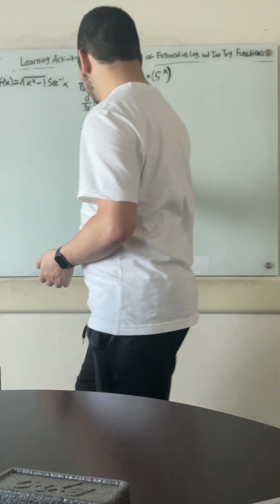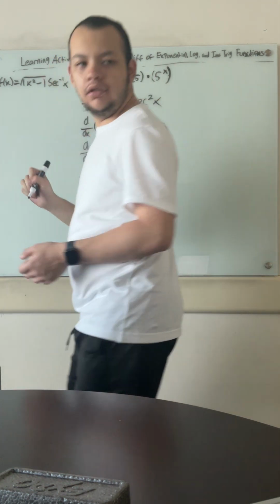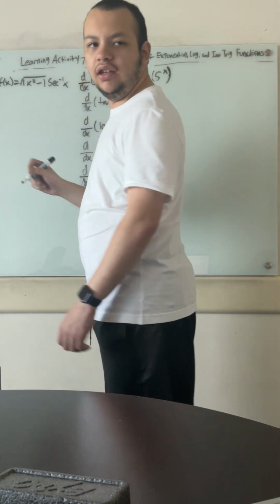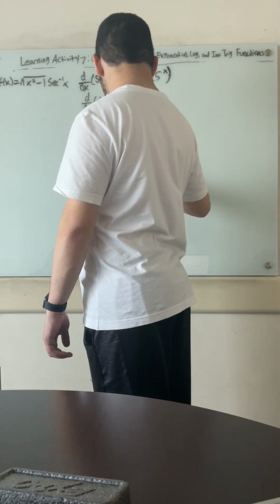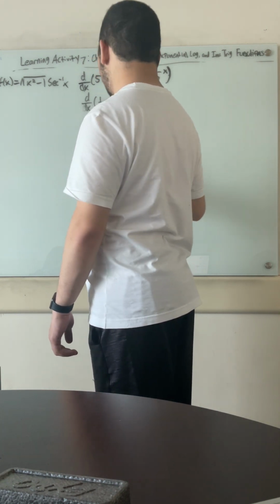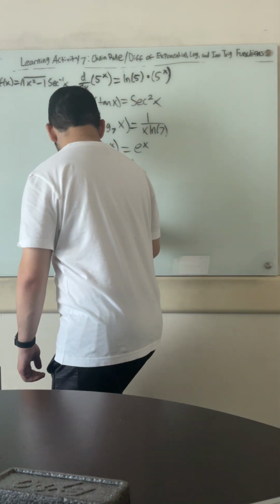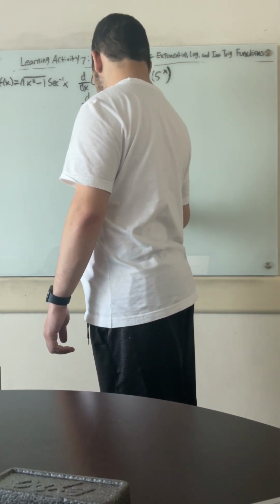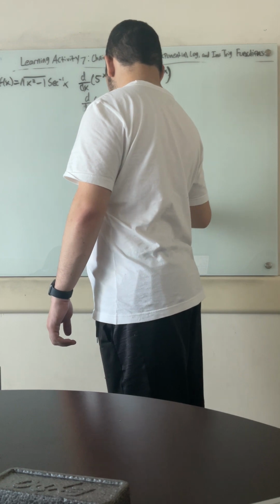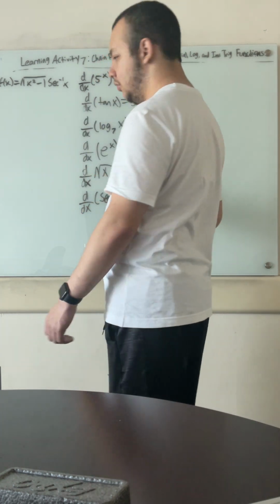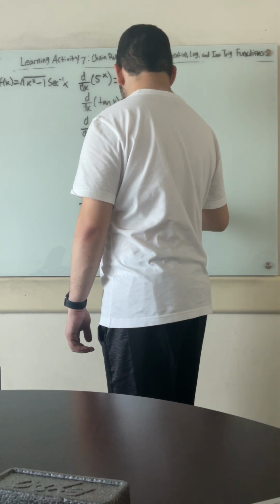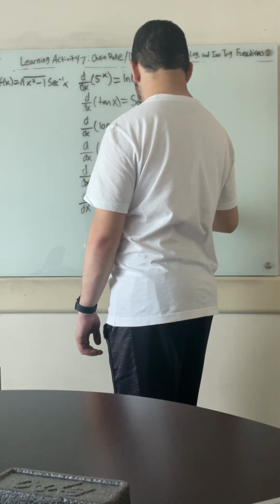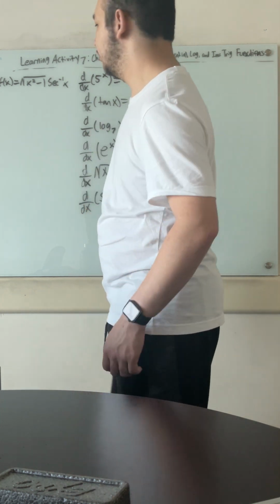So the derivative of the square root of x is going to be equal to 1 over 2 times the square root of x, and the derivative of arcsecant is going to be equal to 1 over the absolute value of x times the square root of x squared minus 1.